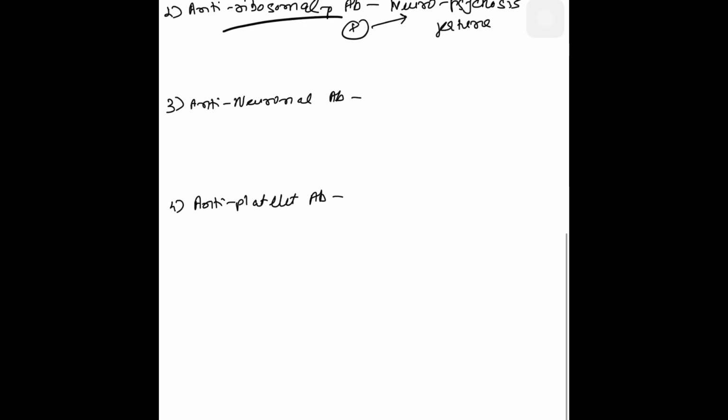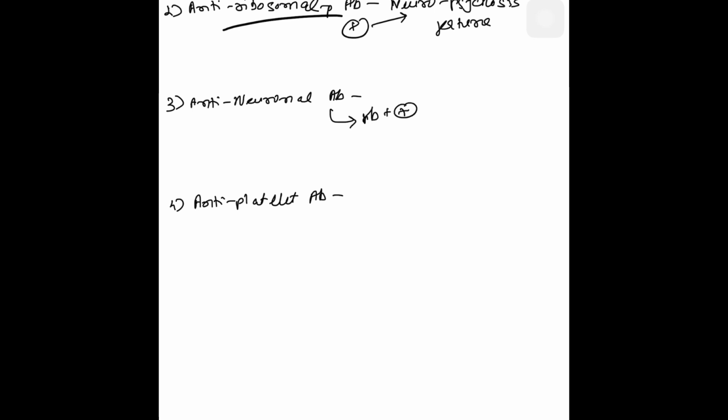Next is anti-ribosomal P antibody. It is associated with neuropsychiatric features. Hence, if this antibody is positive, then it can cause neuropsychosis. If antineuronal antibody is positive, then it can cause neuropathy.